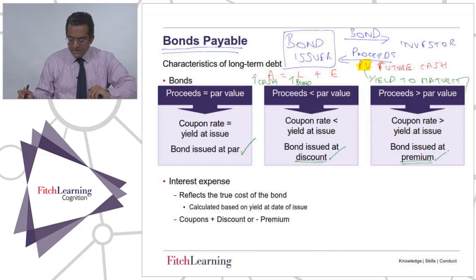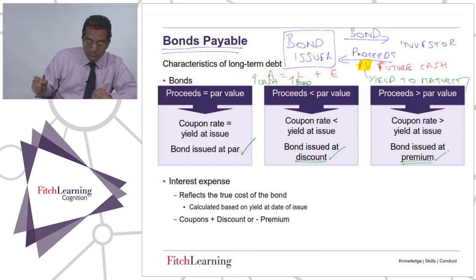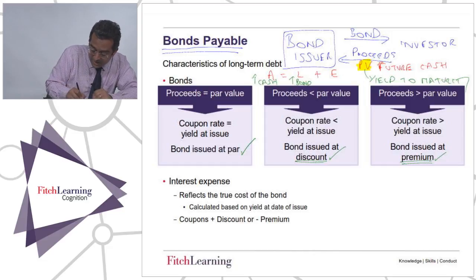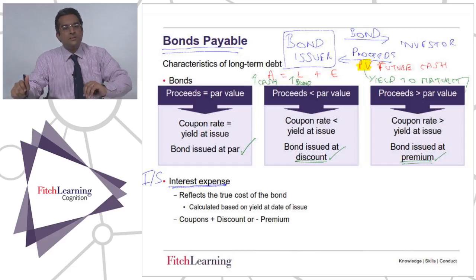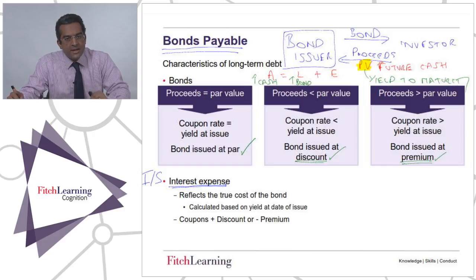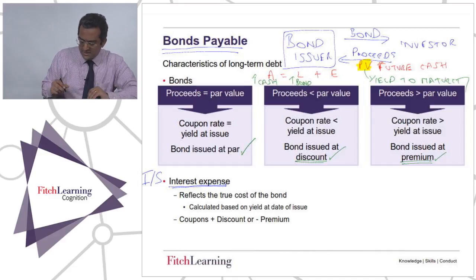Now, the key thing here is the income statement. If I write IS there for short, income statement, the interest expense is one of the deductions we will make before we get to our pre-tax profits, so earnings before tax. Interest expense is calculated based upon the yield as of the issuance date.